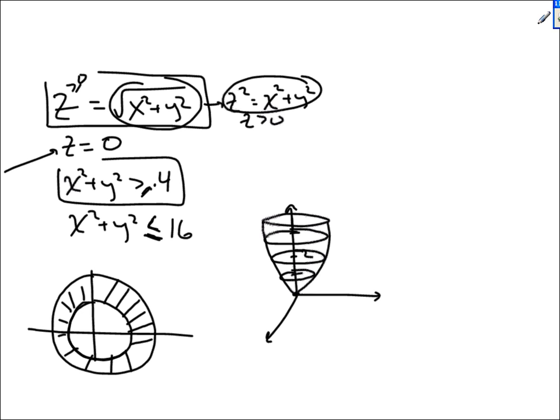Now, imagine we took something that looked like this. A donut. I probably drew it a little bit too big compared to my z equation, but basically, we take a donut like this and we put it right there, and we push down, and we want to see what part of this gets replaced.